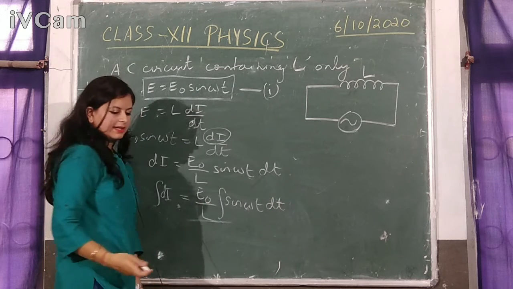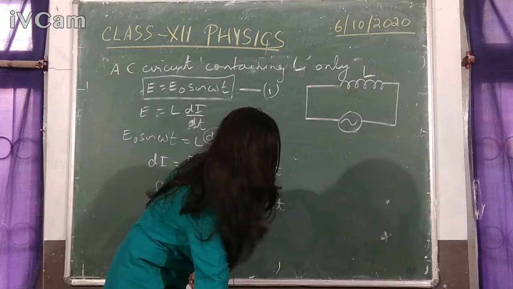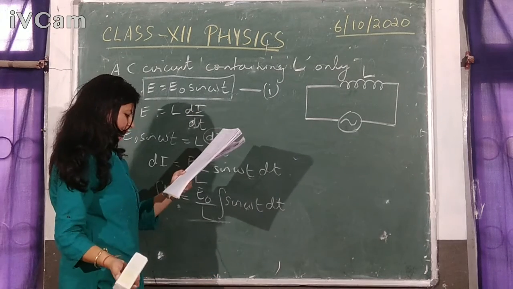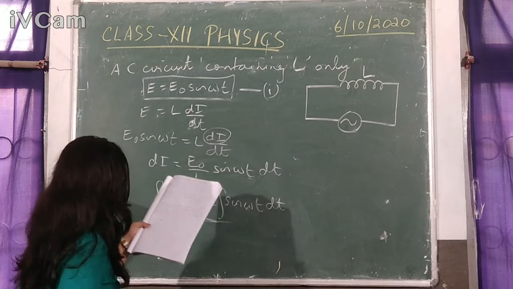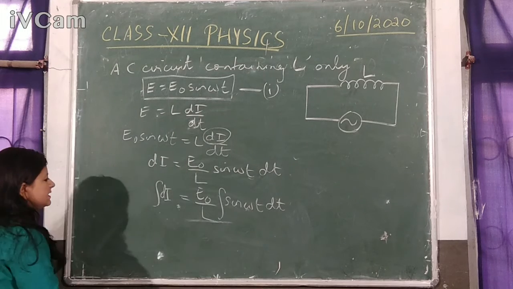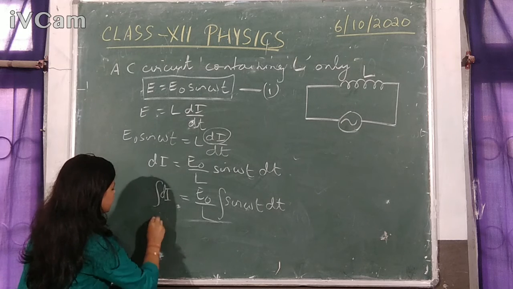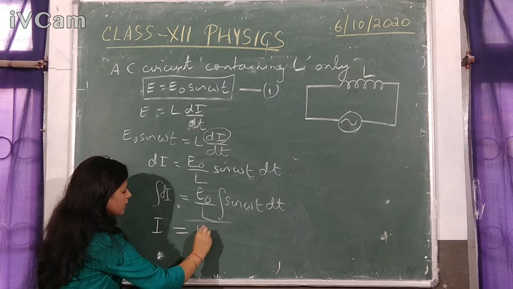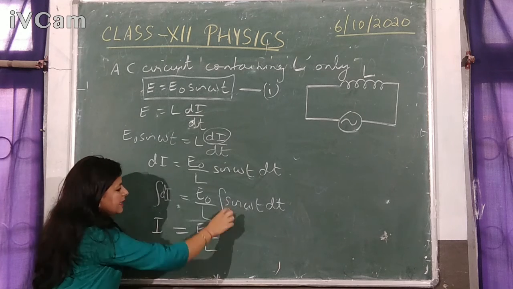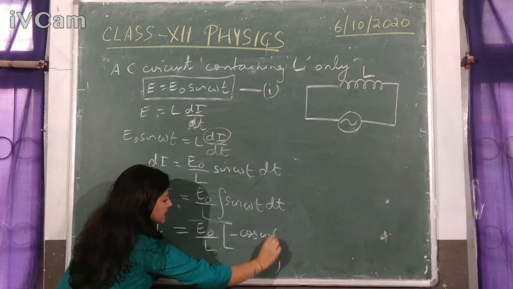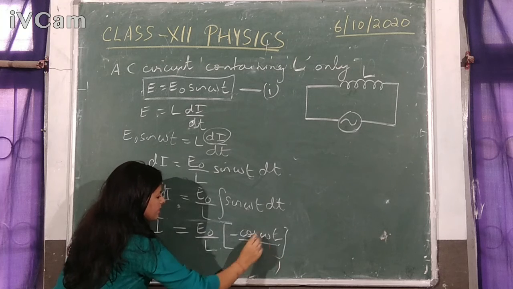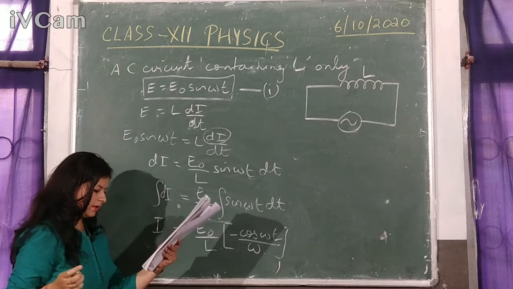We are not taking definite integrals here because later we are going to add a constant. Integration of di is I, E naught by L can be written as it is, and integration of sine omega t is minus cos omega t divided by omega.